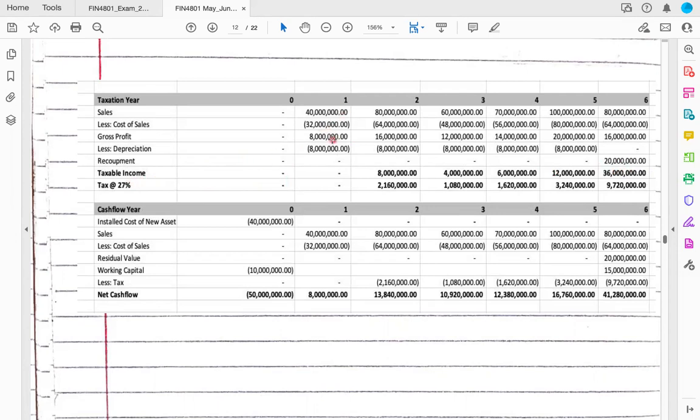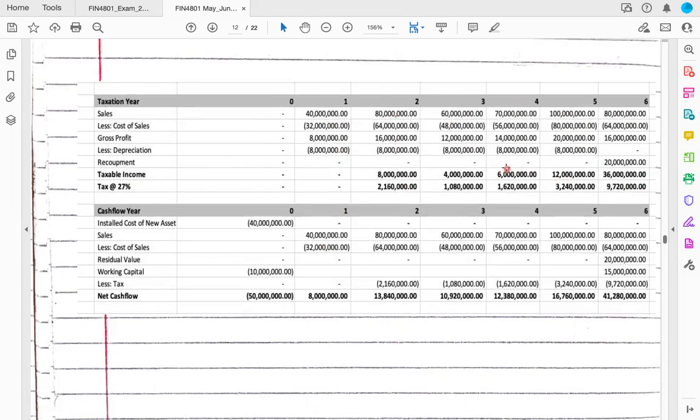And then once we've accounted for our recoupment, we can now calculate our taxable income. We simply take our gross profit less depreciation, and then we add our recoupment if we have any. At time zero, there was nothing. So we just do our calculation here for each year, and then we calculate our taxable income, right? So we get the taxable income for year 1, year 2, year 3, year 4, year 5, and year 6 by simply taking our sales less cost of sales.